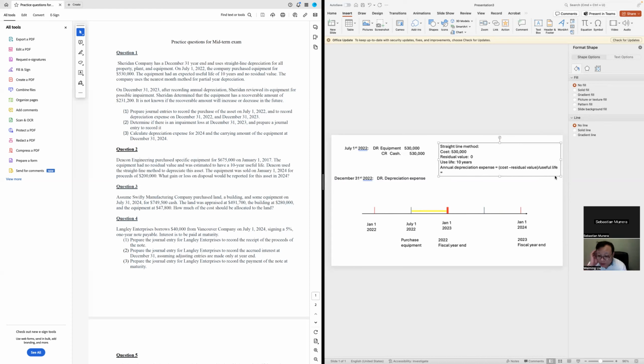In this case, I have 530,000 minus 0 divided by 10, and that equals 53,000. But that's for a full year, for 12 months. In this case, between July 1st and December 31st, there are only 6 months. So therefore, I have to recognize the partial year, right?